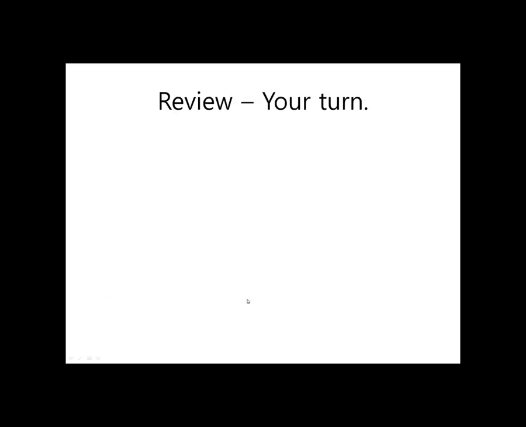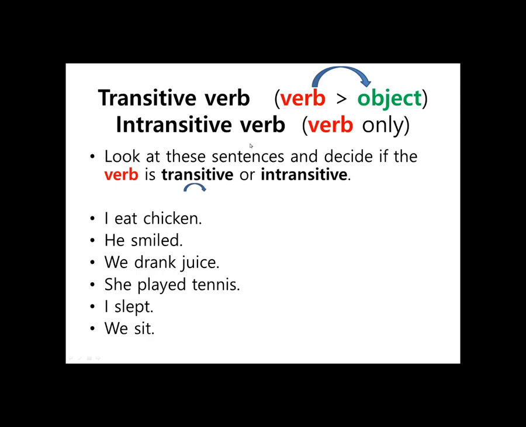So let's review. I want you to look at these sentences and decide if the verb is transitive or intransitive. Remember, transitive verbs are a verb transferring their meaning onto a noun. So we have a verb, and then we have an object noun.